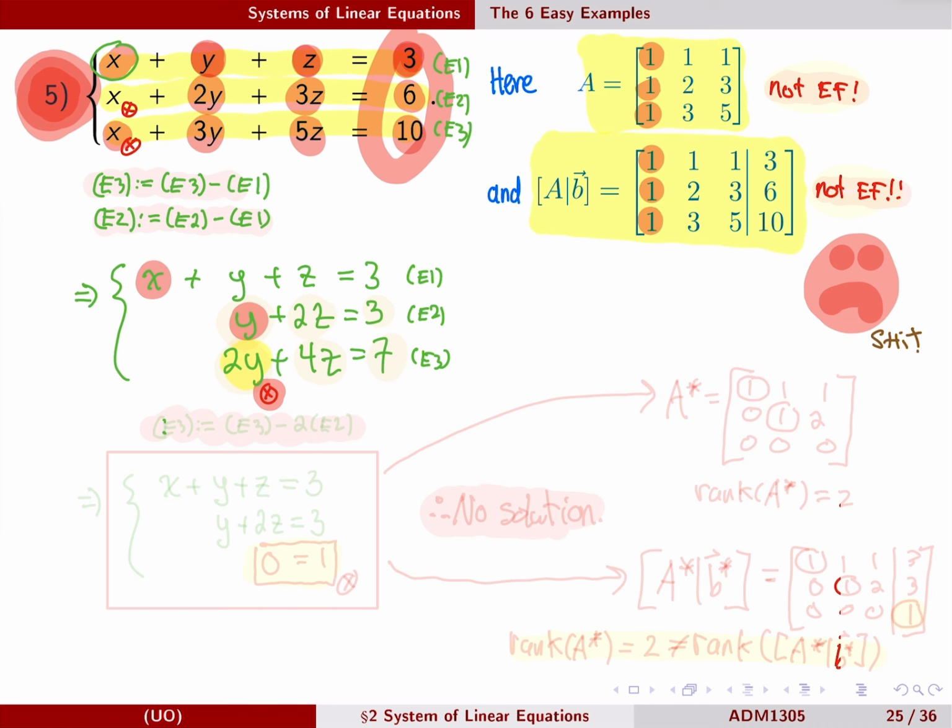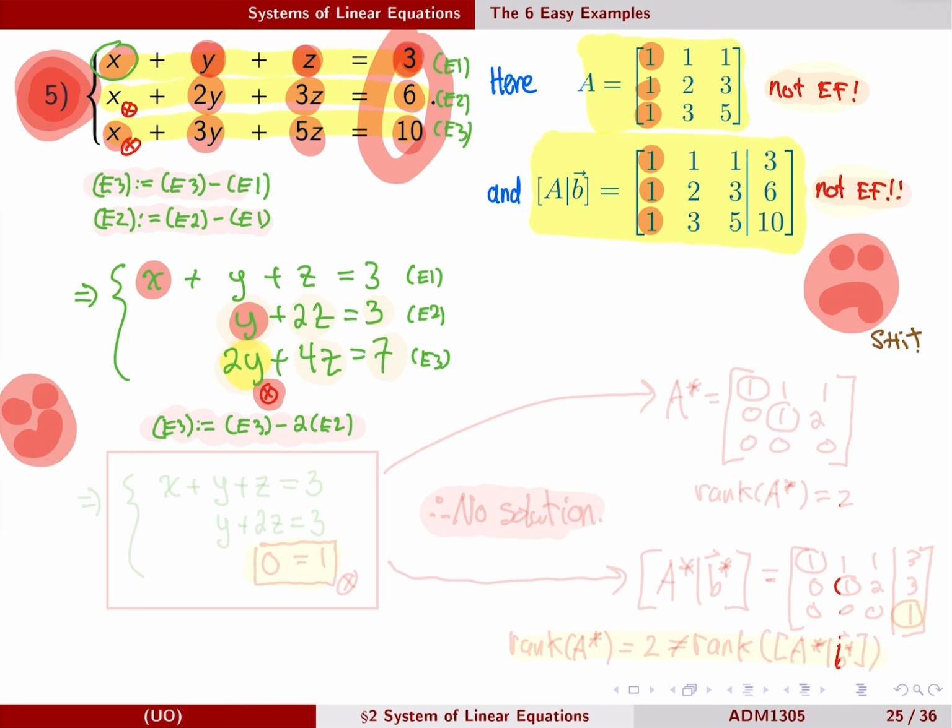So what I'll do is I'll take equation 3, and this equation 3 will become equation 3 where I remove 2 times equation 2. And I need to use equation 2. If I use equation 1, I will reintroduce an x in my third equation. And remember, you don't want to reintroduce an x in your life. This is almost like advice for real life.